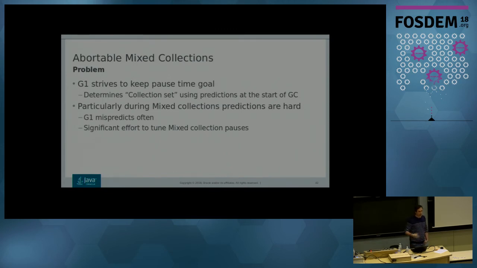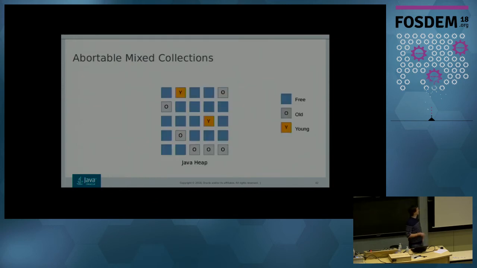I mean, you can tune the mixed collections to keep the pause times, but it's pretty hard. Let me show you how this looks. So you have this heap with some young regions, some old regions, and some free regions. And there is this collection set, if you want, which contains these young regions and these 4 old regions at the bottom.